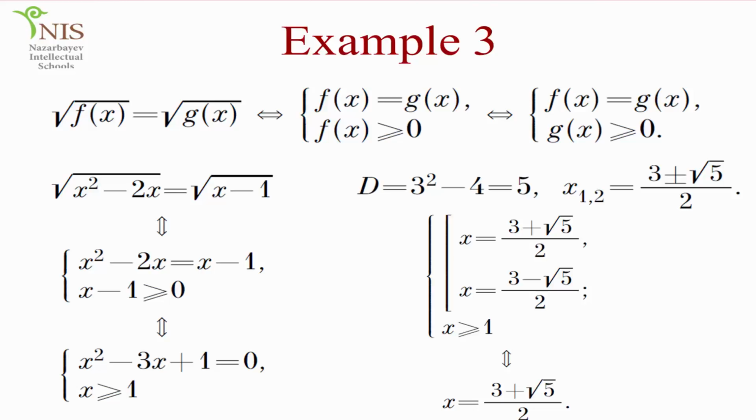So by solving the first quadratic equation, we get a second one: x squared minus 3x plus 1 is equal to 0, and x is bigger than 1. From here we are getting simultaneous equations and inequalities, and by analyzing all these roots, we get the final answer. It will be x is equal to 3 plus square root of 5 all divided by 2.